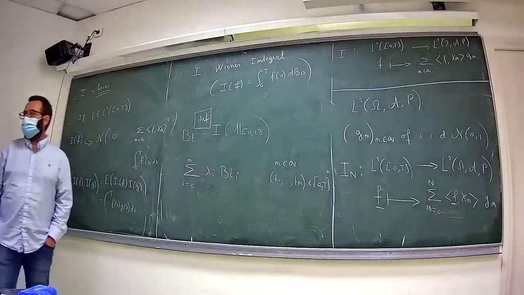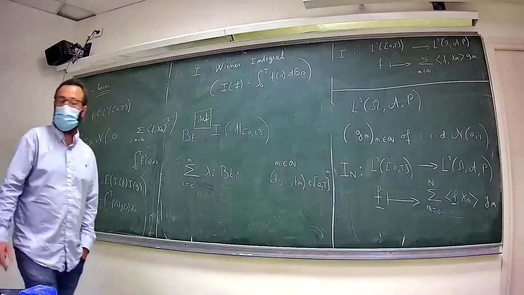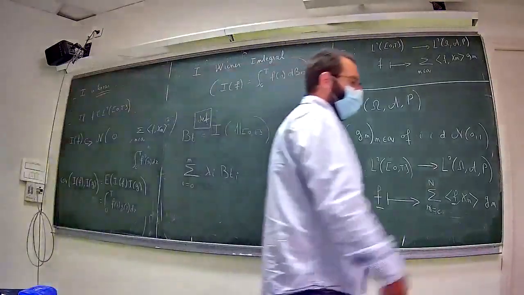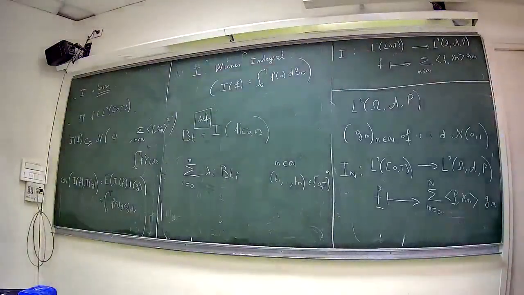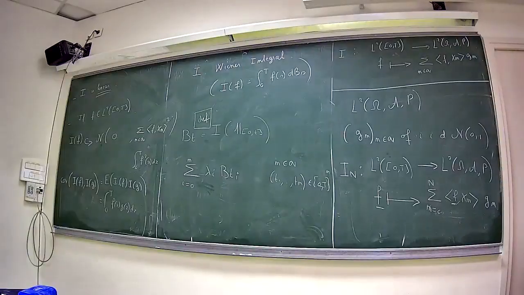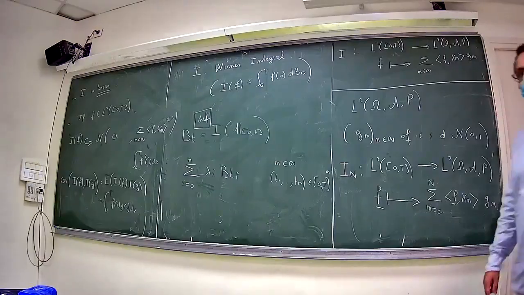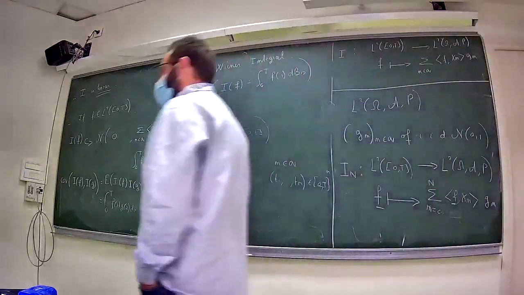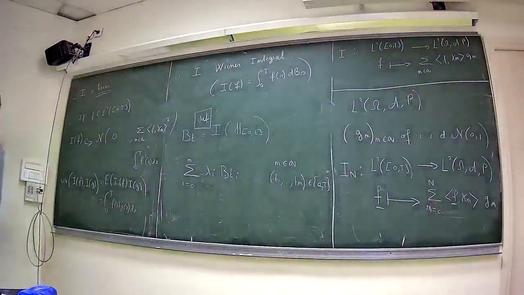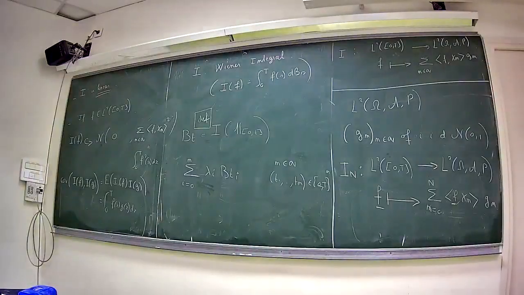My job, if I want to prove that I have a Gaussian process, is to show that any random vector that I can build from this process is a Gaussian vector, that is, any linear combination of its components is a Gaussian random variable. So my job is to prove that I have a Gaussian random variable here.